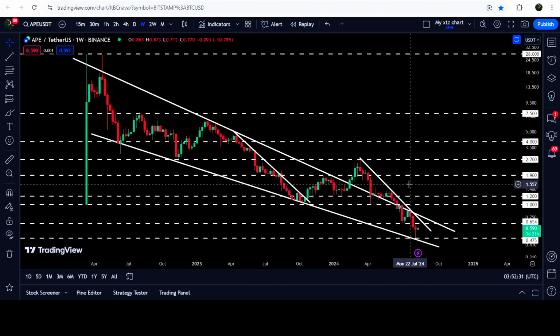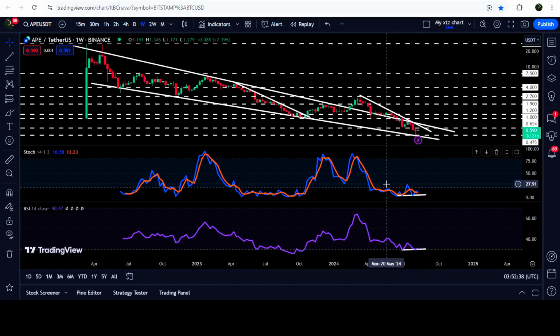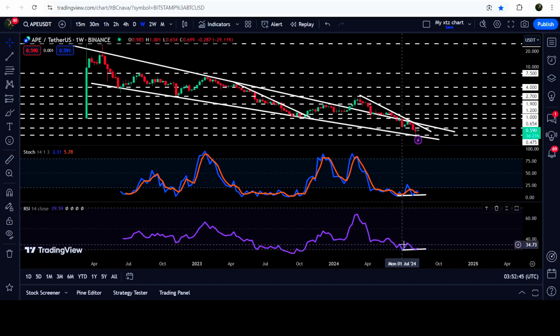And this time again, the price line hit the support of the falling wedge pattern. The stochastic had already entered the oversold zone, and you can see that it was already moving in the oversold zone, and then the price line reached the support of the wedge. At the same time, you can see that RSI just entered the oversold zone as well.